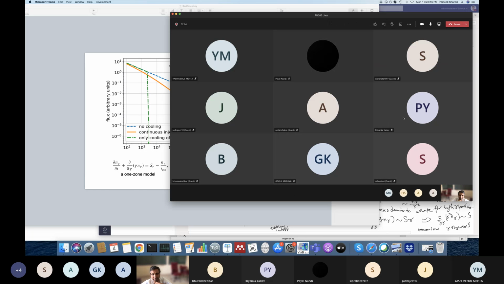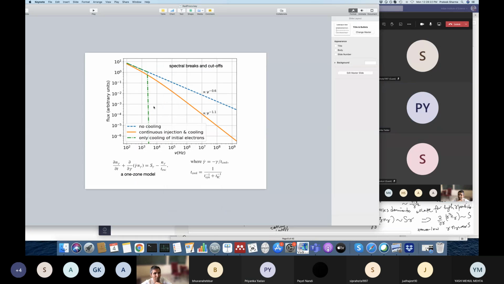Priyanka? Yes, sir. So can you tell me what I just said about the difference between this green spectrum and this orange spectrum? Sir, in the green spectrum, we are considering only cooling of initial electrons. Like in this, we are considering S nu equals 0.